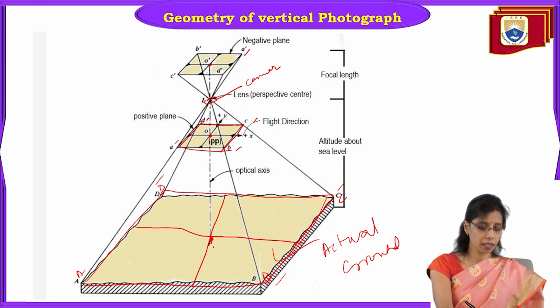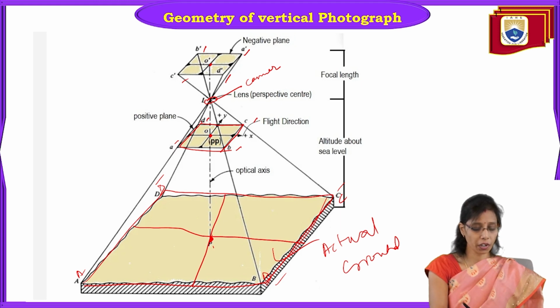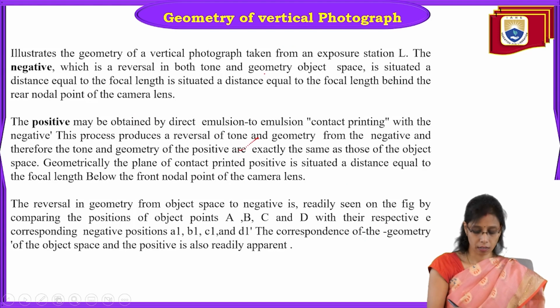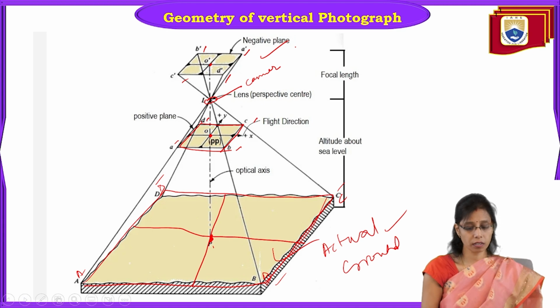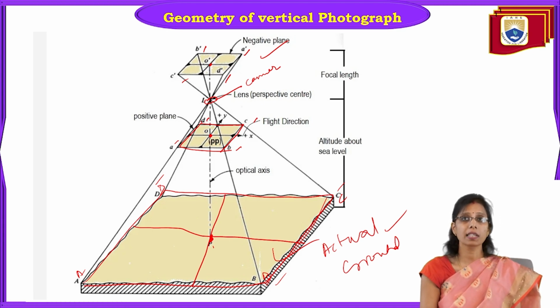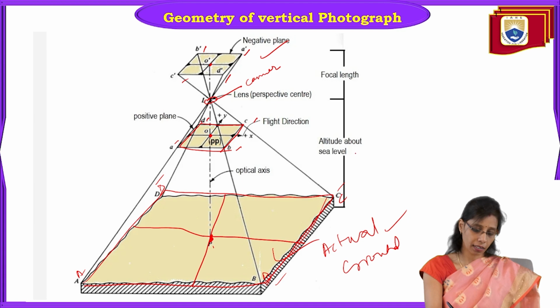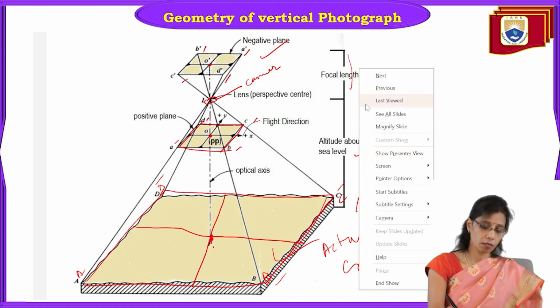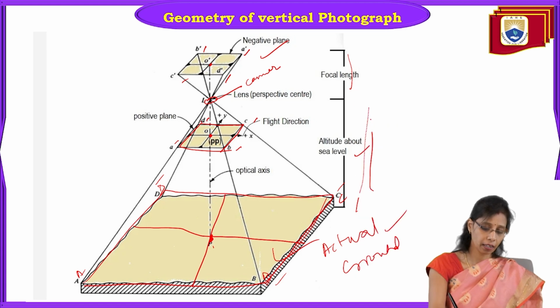That's why A is here, B, C, D. So the negative photo is captured and the positive photo is captured, and the common thing is that the principal point will be the same in the actual ground, the positive plane, and the negative plane. Okay, so this is how the geometry of the vertical photo looks like. And here if you see, altitude above the sea level, this is the focal length, and this is the flying height from here to here. This is the flying height required.